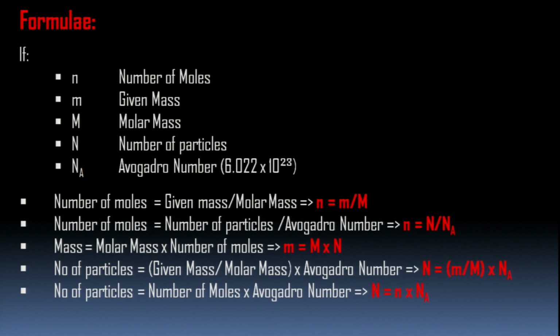What is that? Number of moles, into Avogadro's number. Other way of finding out particles: number of moles into Avogadro's number. Okay. Children, please note these formulas and you use it in the numericals which we will be doing now.